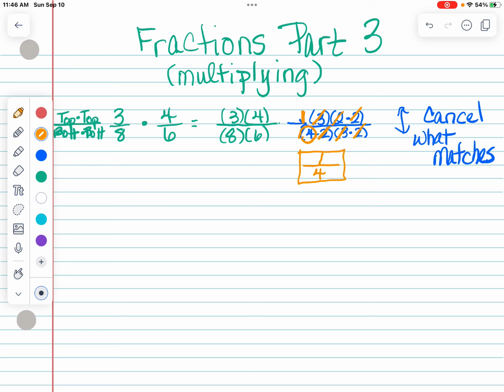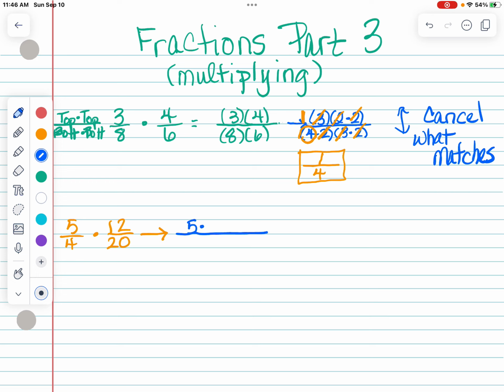So let's try this one. We've got an improper fraction happening here. So here's our setup. And in this situation, top times the top, 5.